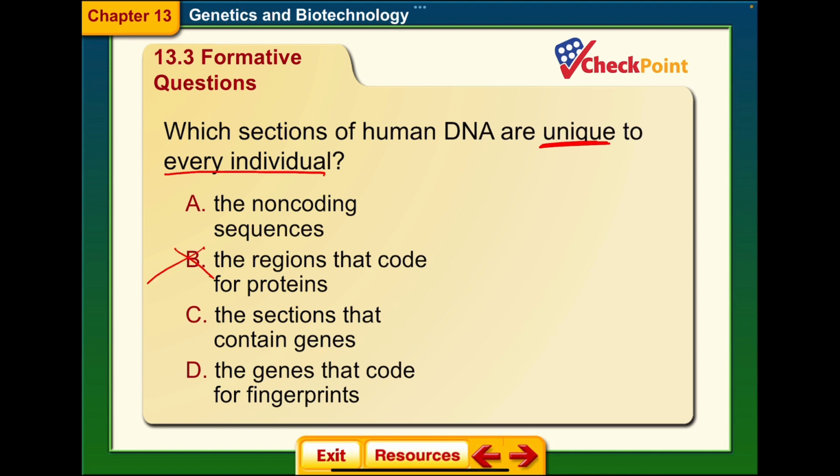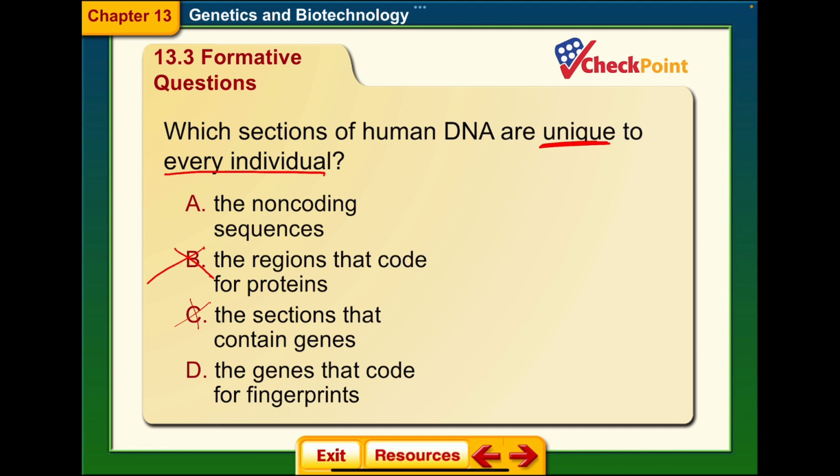So these aren't unique. The sections that contain genes: every human has sections that contain genes, so that's wrong. The genes that code for fingerprints. Well, the genes that code for fingerprints.